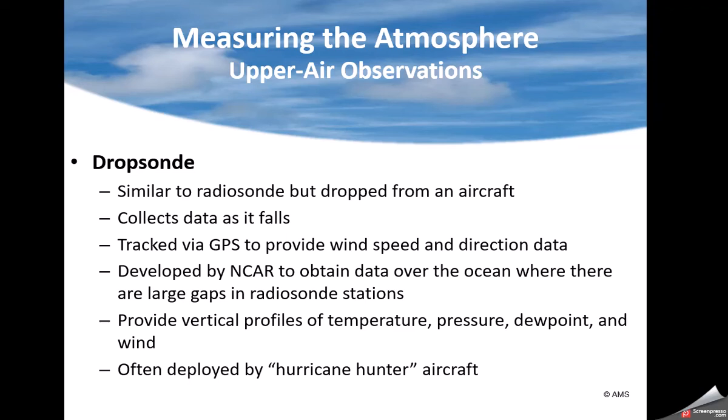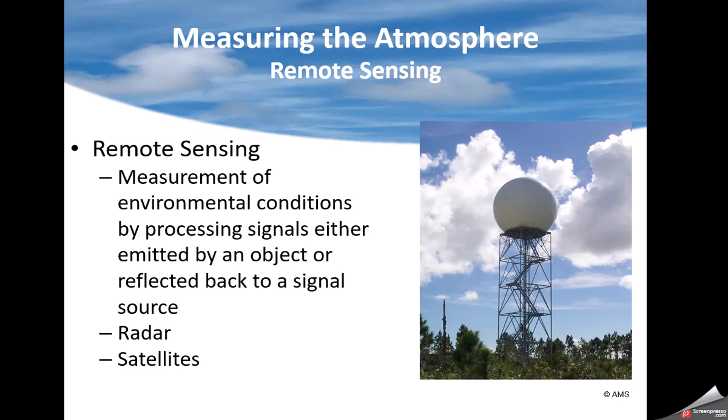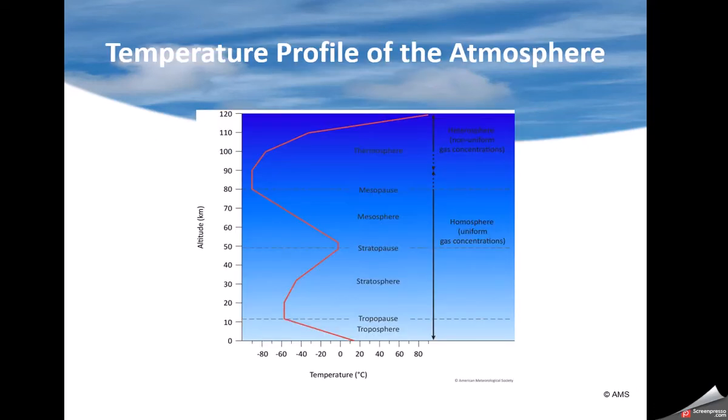As they're going down, they collect exactly the same data as is collected from the radiosondes as they're going up. So the difference is the dropsondes are going down, the radiosonde is going up. Then we also look at radar, another means of remote sensing, and satellite data.